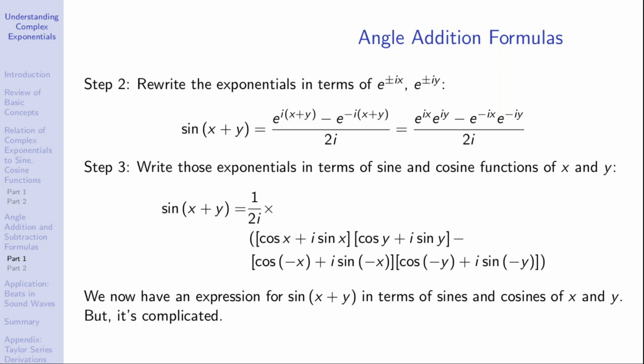We rewrite e to the ix as cosine x plus i sine x. We rewrite e to the iy as cosine y plus i sine y. We rewrite e to the minus ix as cosine of minus x plus i sine of minus x, and we rewrite e to the minus iy as cosine of minus y plus i sine of minus y.